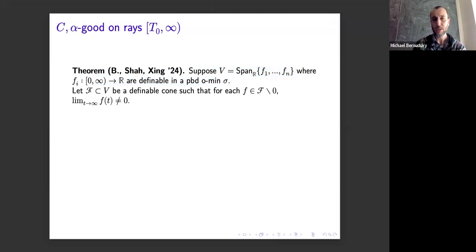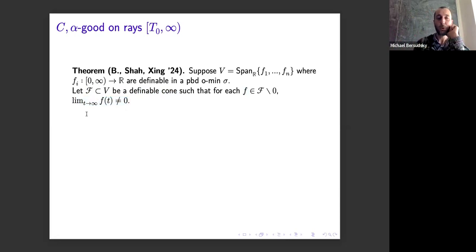So what we do is take a subfamily of functions F, which is a definable cone. What does it mean? It means that if you multiply the functions by a scalar, you're still in F. So F is some cone. It's not necessarily a subspace or anything like it. And the requirement about this cone is that any non-zero function doesn't converge to zero.